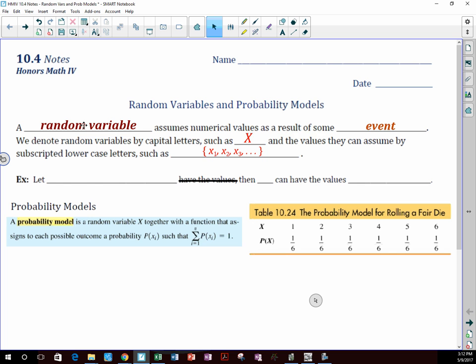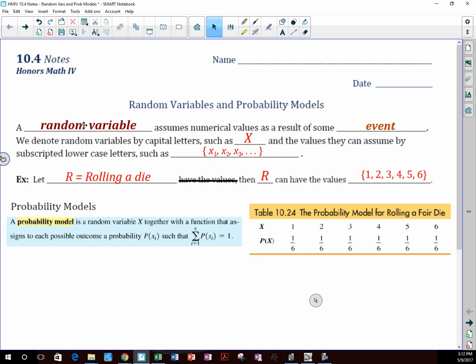So for example, if we let the roll of a die be our random variable, then R, capital R, can have the values 1 through 6. We could also use the word outcomes to describe the values that it could take on. Those are the 6 outcomes that you could have when you roll a die.